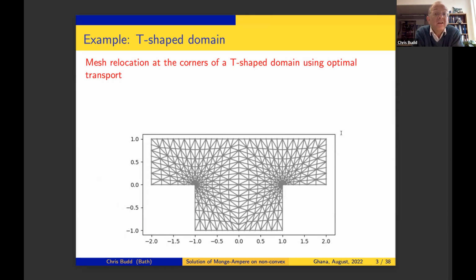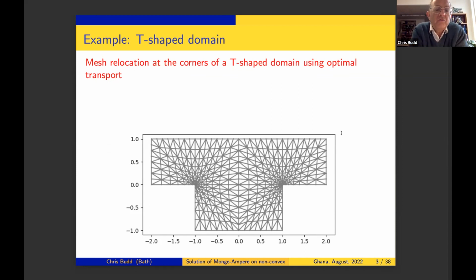The solution gradient becomes infinite as you go towards the corner. If you're solving a problem like an electrical field problem, that will correspond to an infinitely high electric field.